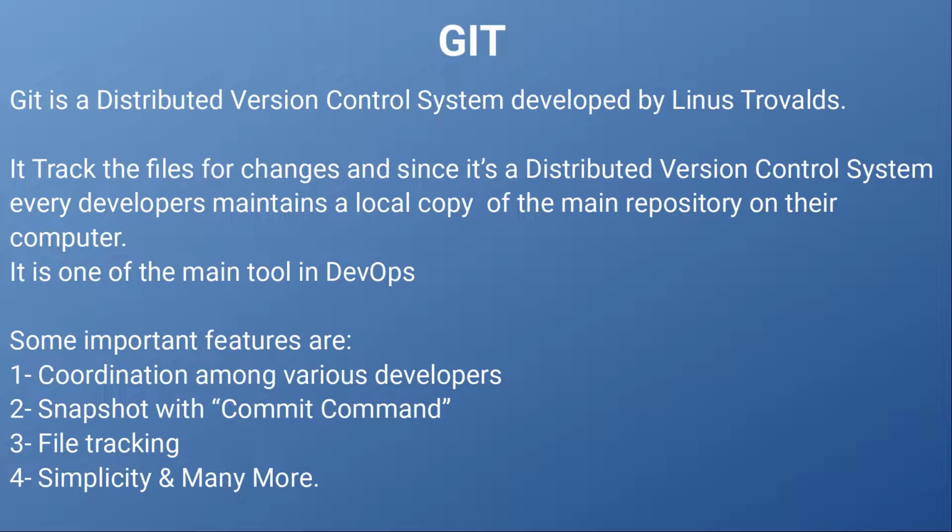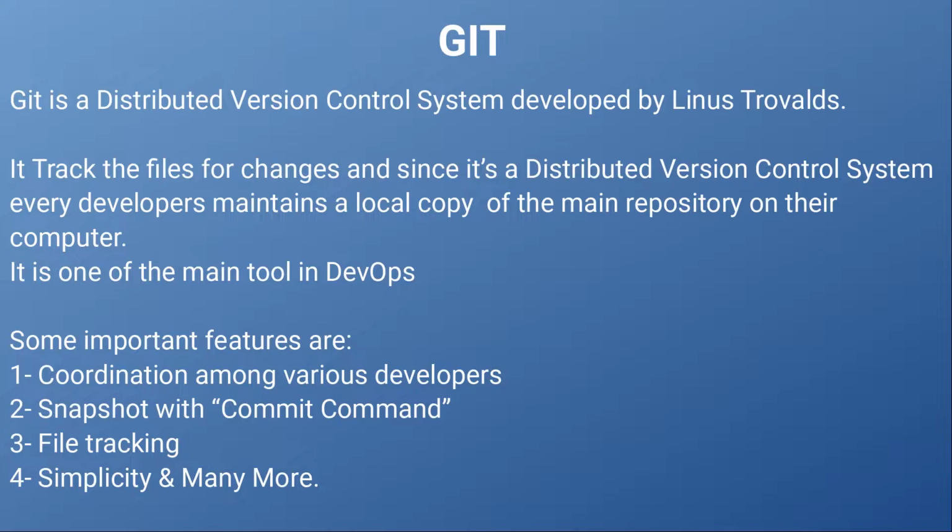Okay, so what is the main thing behind Git? Let's say you have a couple of developers working on some project, and they are working on a specific file in a specific directory. Without Git, what will happen? If one of the developers changes the file, adds something, or removes something from that file or from that specific directory, you will never know until that person tells you, hey, I have changed something.